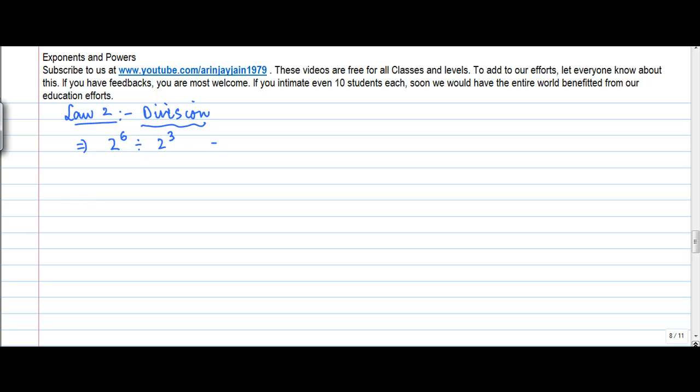How would you resolve this? 2, 2, 3, 4, 5, 6, divided by 2 to the power 3, so I multiply 2 into 1 into 2. So this and this get knocked off with this and this. What is left is 2 into 2 into 2, or 2 to the power 3.